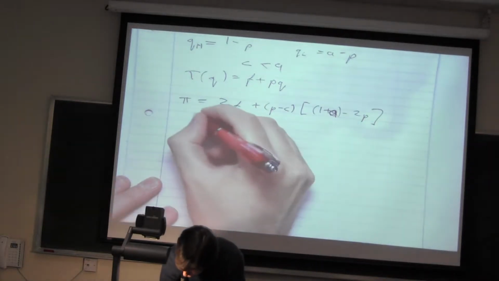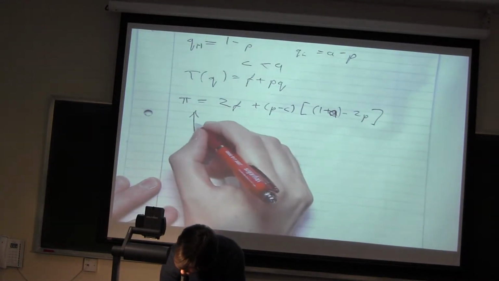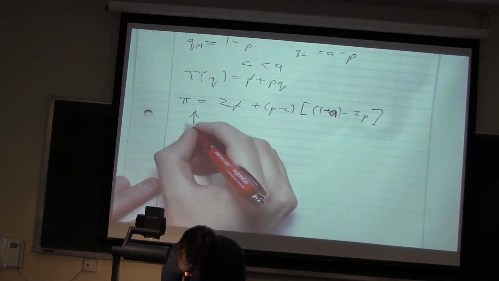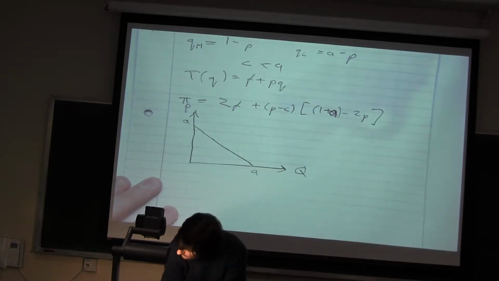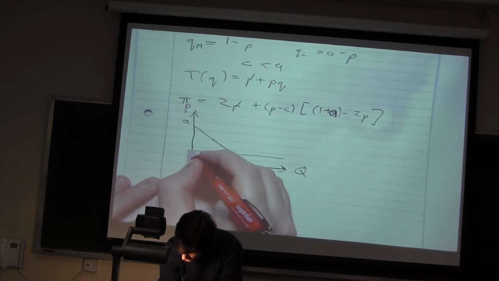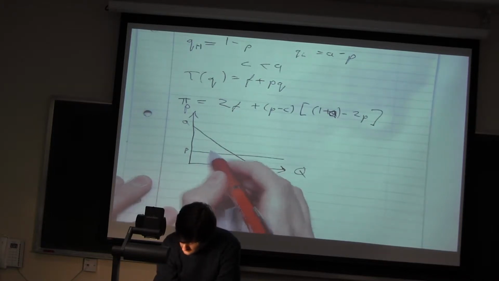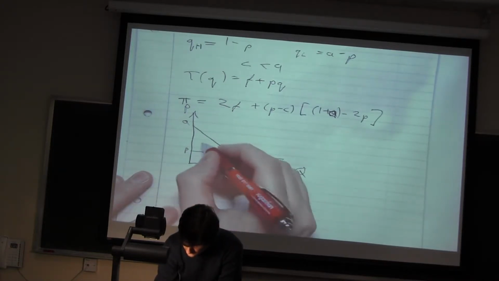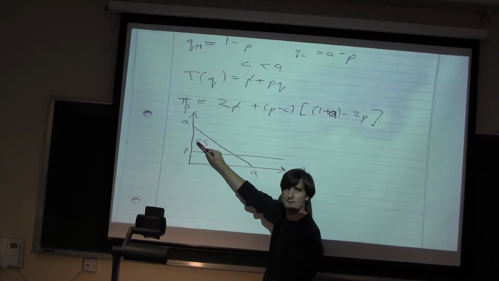So the consumer surplus of the low type. Here's the demand curve, A minus P. This is going to be A, this is going to be A. Price is quantity. And the set price is being set equal to P. This is some price P. So the consumer surplus they get from purchasing at that price, if they didn't have to pay the fixed cost at all, they'd get this consumer surplus, that triangle.